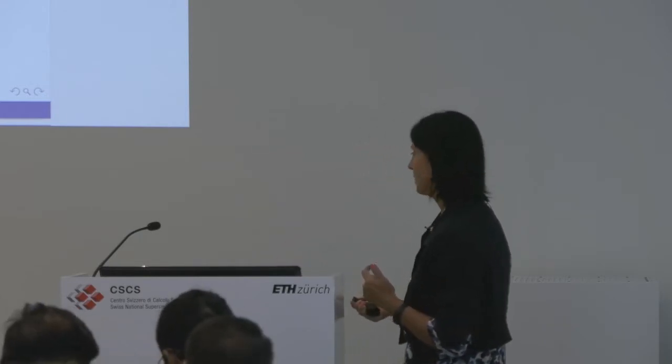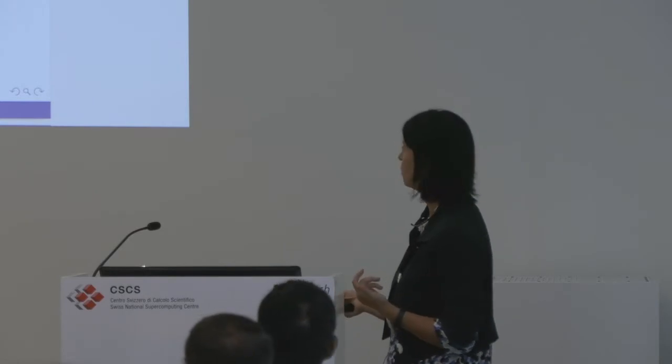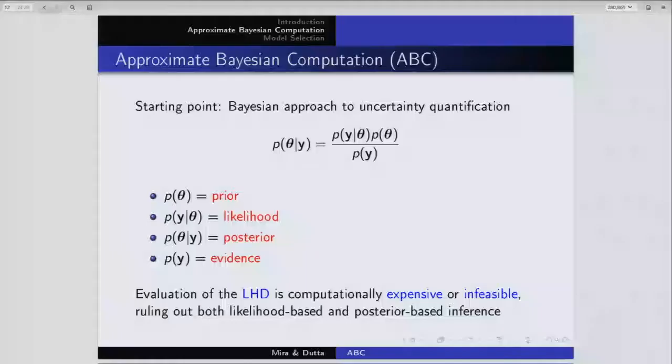Then you have a likelihood, which might or might not be available in closed form. And Bayesians base their inference on the posterior, which by Bayes' theorem is equal to the product of the prior times the likelihood divided by the evidence, which is the normalizing constant of the posterior.